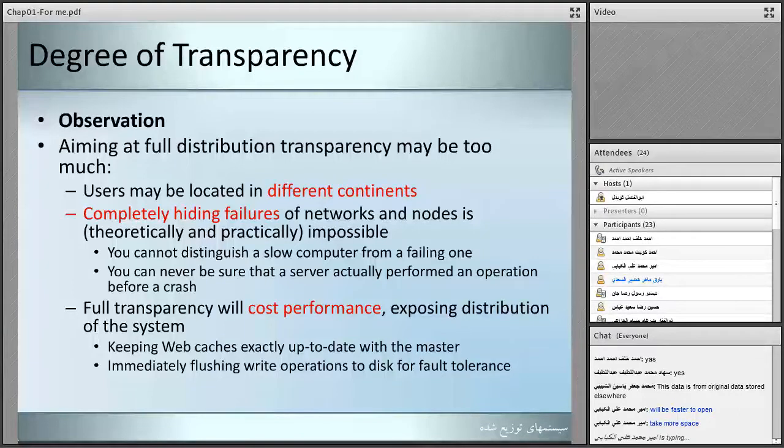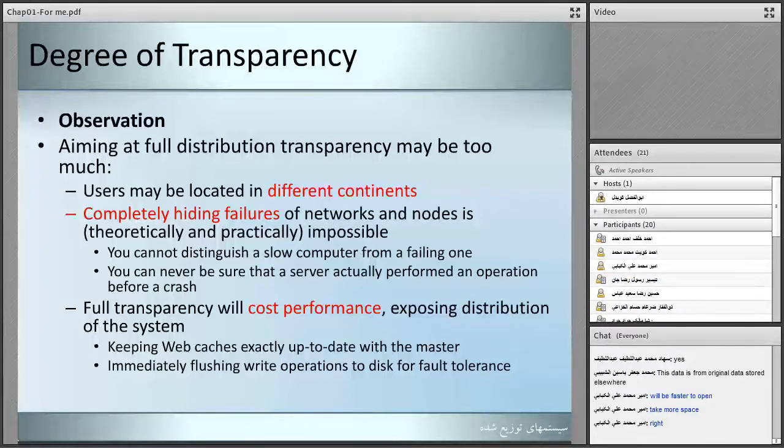So in web caching, the issue is about consistency. The files that are stored in your computer must be updated with the master website because it's a copy of it.